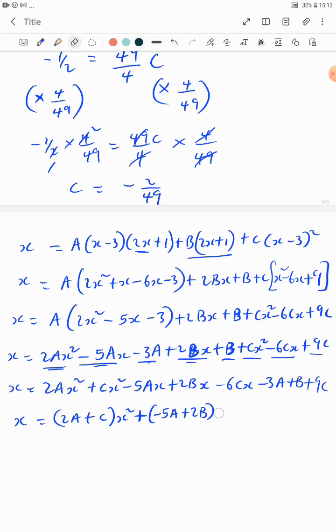We have left out that minus 6. This minus 6, that's minus 6c. Okay, it's also there. So then we have x, because it's these three that contain x. So we are bringing x out of them, so that we have minus 5a plus 2b minus 6c inside. And then we can continue now. The only constants we have are these. So we have plus, put all of them into a bracket also, minus 3a plus b plus 9c. Okay, close the brackets. All right, so this is what we have now.